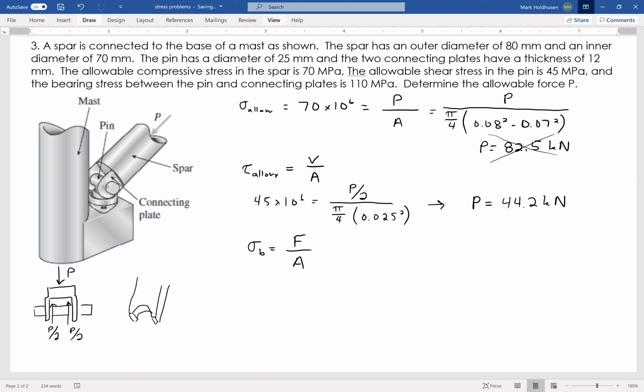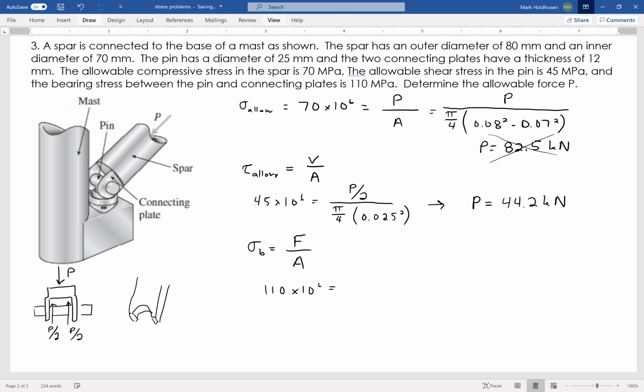Okay, so again, this is that plate pushing on that pin, right? It's that interaction between the pin and the plate, right? So because there's two plates, again, that force is going to be P over 2, and again, the allowable bearing stress is 110 megapascals.